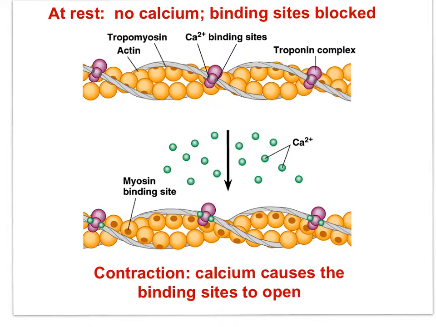Without calcium, the binding sites on the actin are blocked by the tropomyosin, a regulatory protein. With nervous stimulation, the sarcoplasmic reticulum releases calcium. The arrival of the calcium ions bind to the troponin, results in a change in the position of the tropomyosin. This opens the binding sites on the actin.